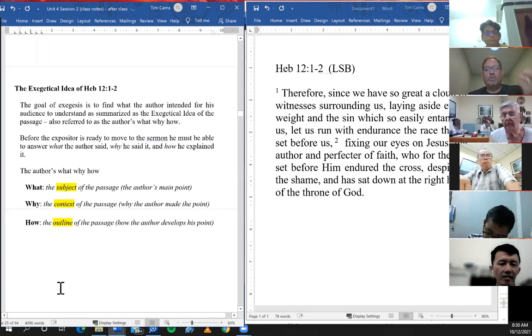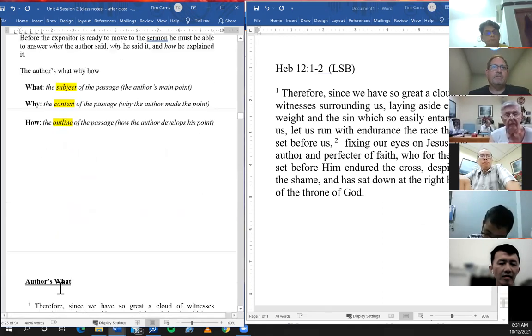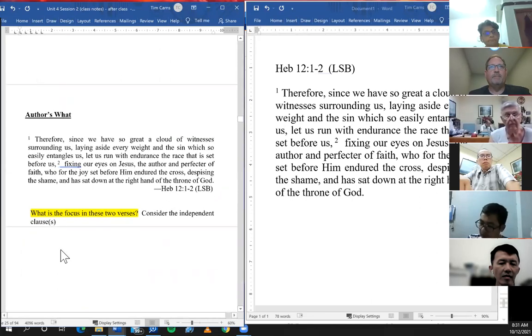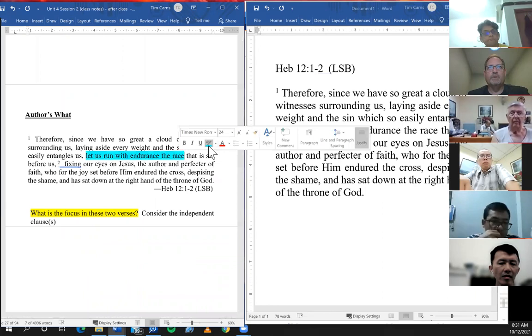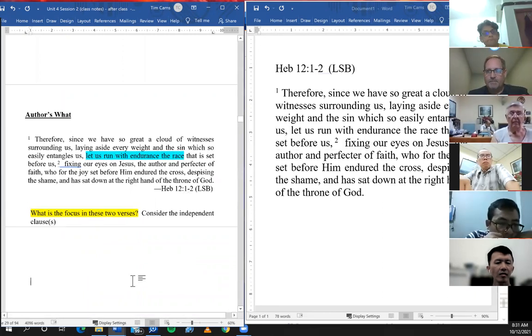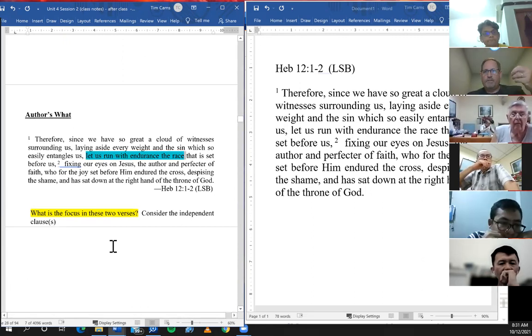Okay, because the what, that's the focus of the passage. And I think that's pretty clear from this text. The focus is, let us run the race with endurance. Right? That's the main thrust here. That's the independent clause that identifies it. But this is really a summary of the focus of the book.